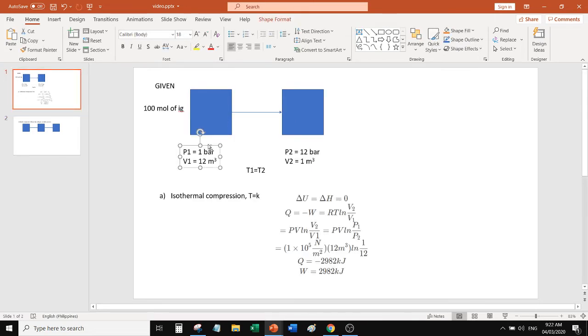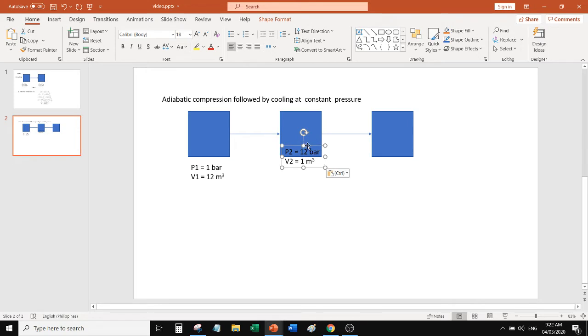From P1 we reach P2. Since the first step is adiabatic compression, P1 to P2, but we don't know the volume here, so let's put an intermediate volume, Vi, followed by cooling.